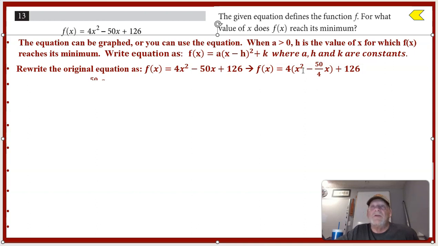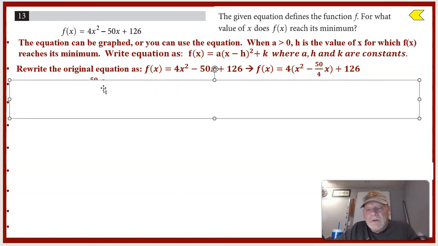You can do a search and look at some of my videos on completing the square if you need more practice with that. So if I would multiply this part out using the distributive property, I would get my original function. And then we just have to add the 126 so that I get that original back. So these two are equivalent.